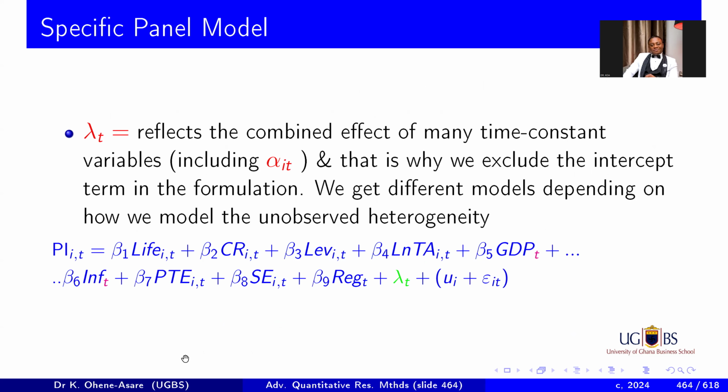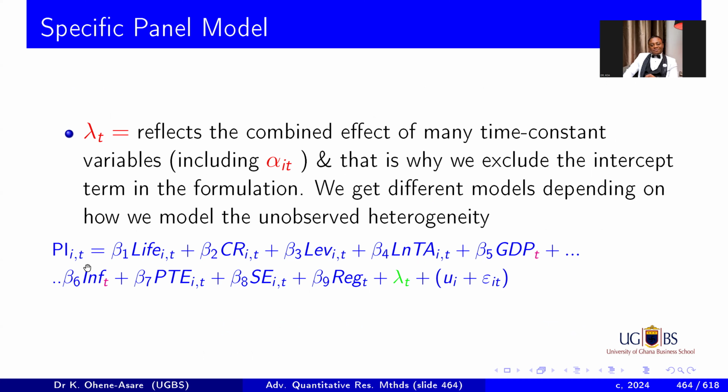Okay, let's take a typical example of a panel data model. P_i is the productivity index, the productivity of a firm. This is an insurance firm.